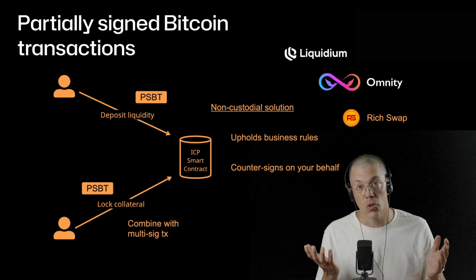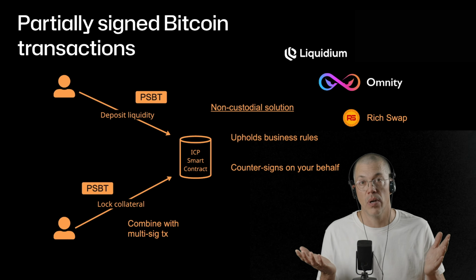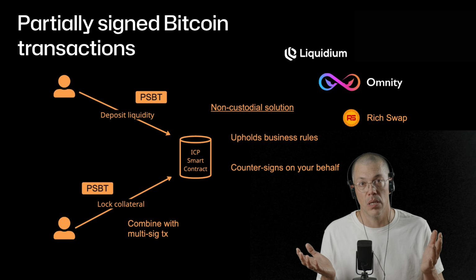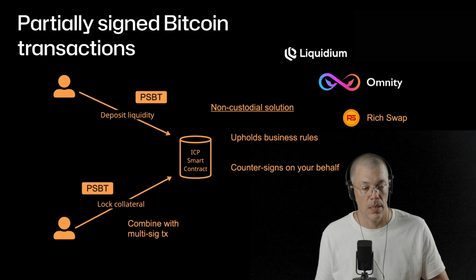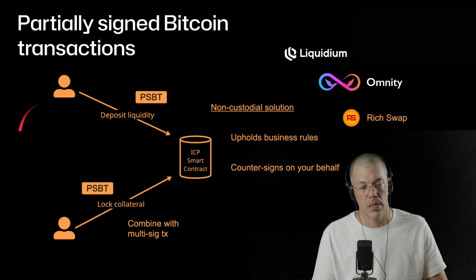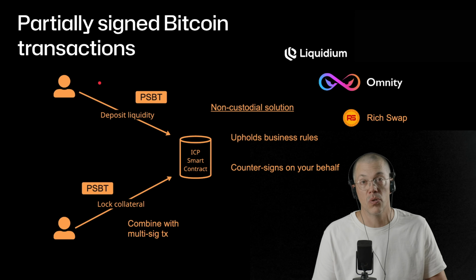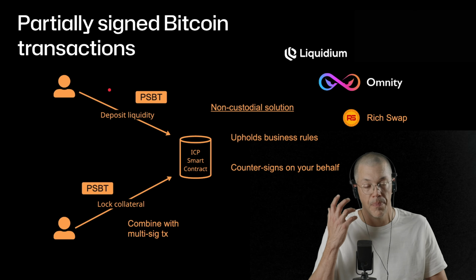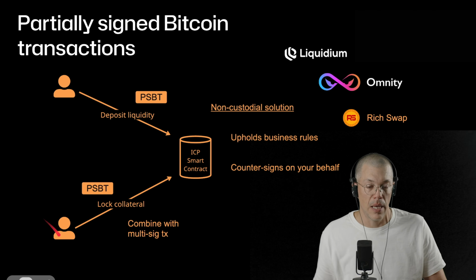This is a non-custodial solution where you never hand over full ownership and control over your assets to some external entity, in our case the ICP smart contract. Instead, this diagram is meant to illustrate a scenario where you have a lender and a borrower.